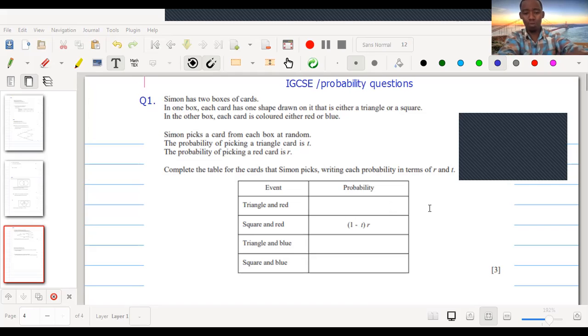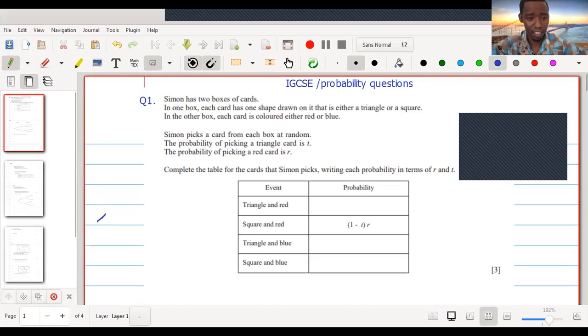So in this question, we shall maybe use a tree diagram. Let's draw a tree diagram to help us answer our questions. Make sure you follow. I can draw the tree diagram from here. The first one should be maybe a triangle, another maybe a square.